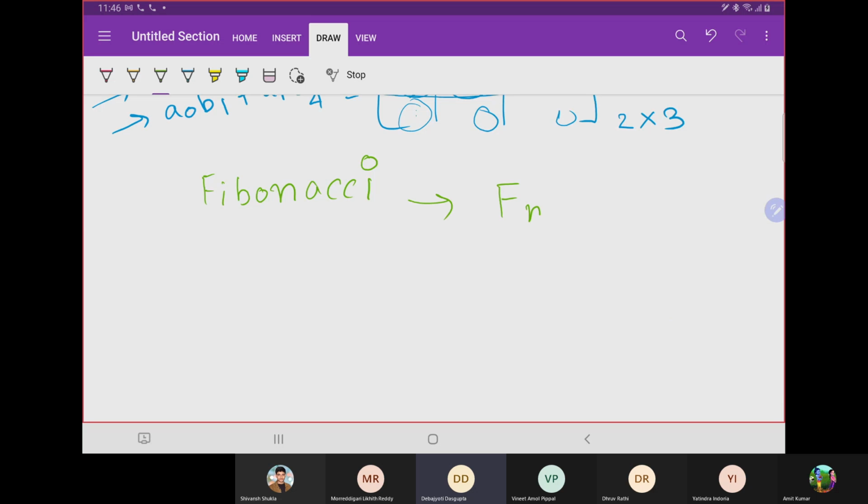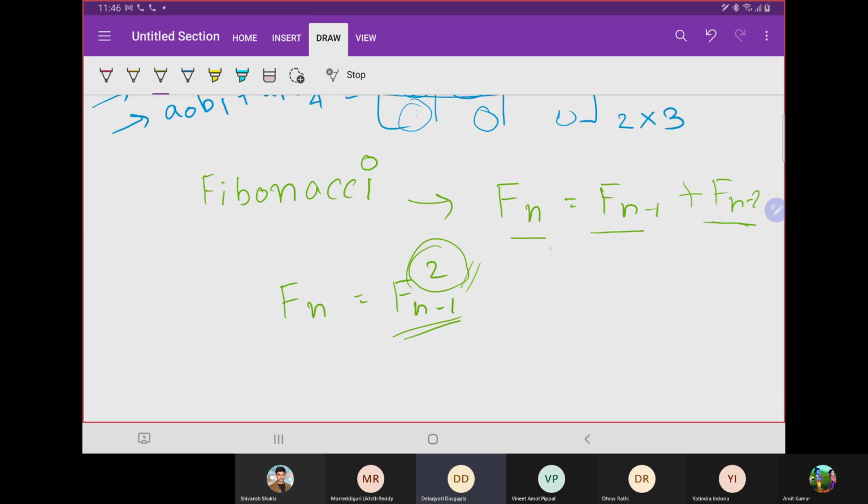Like if I write Fn equals Fn minus 1 plus Fn minus 2, right? We see that this is linearly related to the other terms that came previously. But if I had written something like Fn equals Fn minus 1 squared, this is not linearly related since we have got a quadratic term here, right?